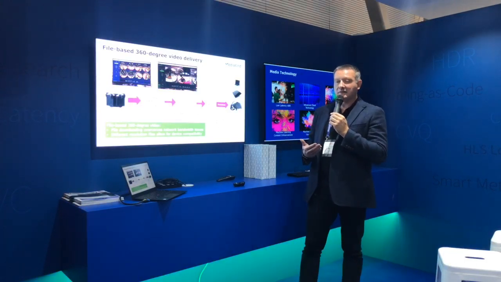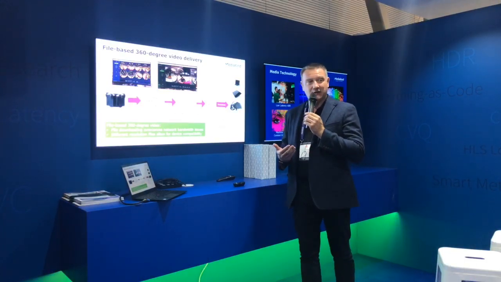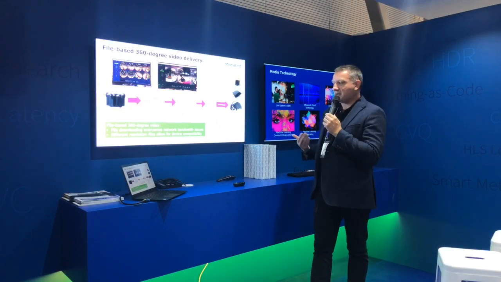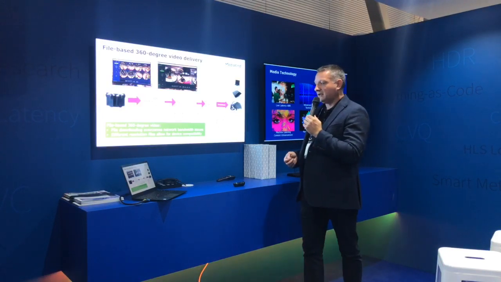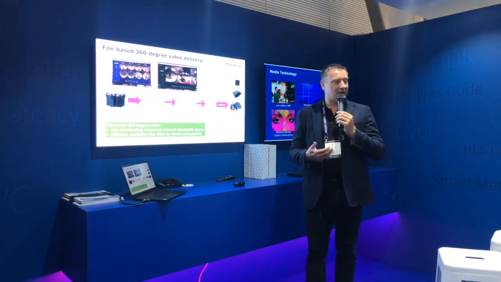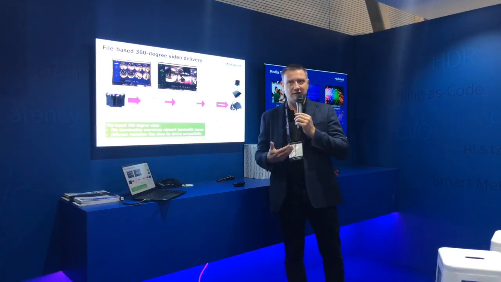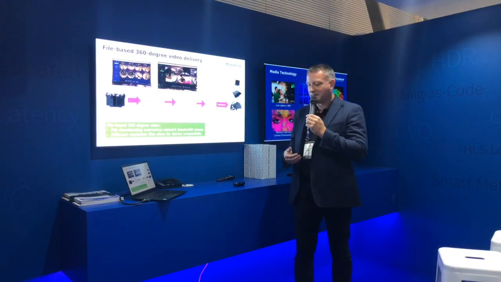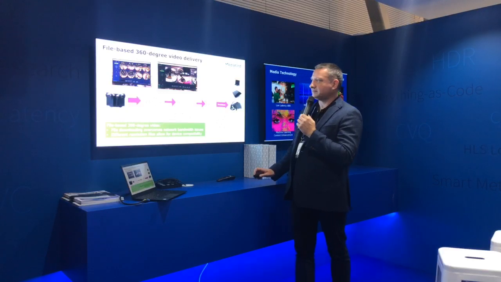So that file downloading overcomes the network bandwidth of delivery to the consumer, and because we have different resolution files, we can get different device compatibility depending on the resolution and decode capability of the consumer device.